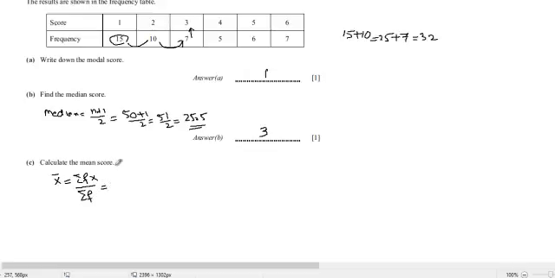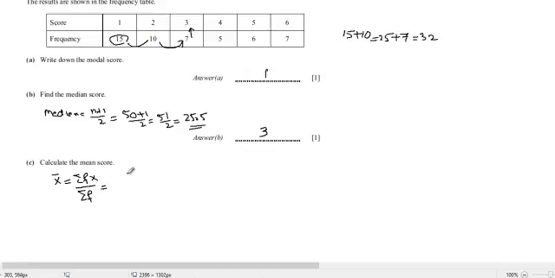What is summation fx? fx means to multiply f with the x values. All these values are x values. We don't have intervals here, we have the values, so all these are considered to be the x values. So this one is x1, x2, x3, x4, x5, x6, all these are x values. We will simply multiply with the frequency, and then we will start adding them.